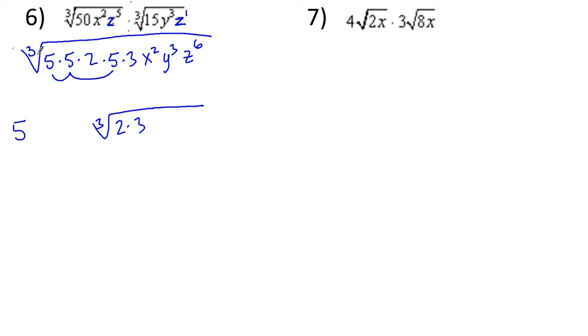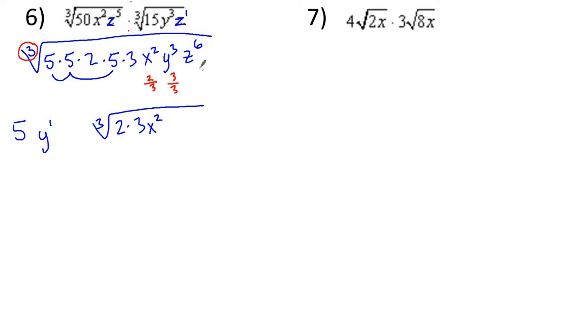Now look at your variables. Remember, you divide by the index. So this one would be 2 divided by 3. Since 3 can't go into 2, you leave all your x's under there. For this one, you take the exponent divided by the index, and we get 1. So that means we can pull out 1 y with nothing left over, no remainder.